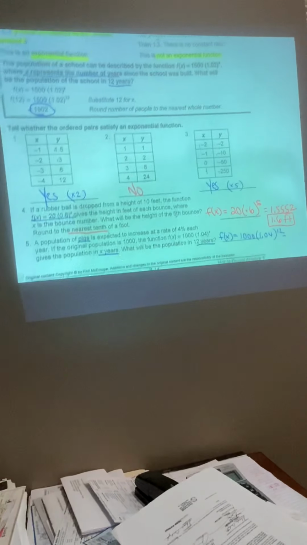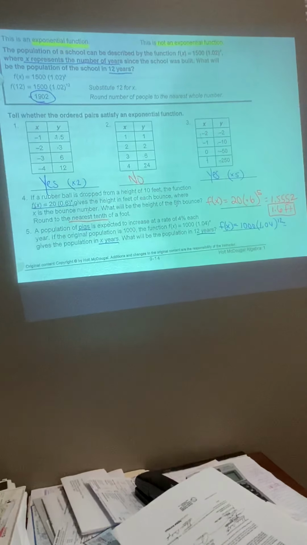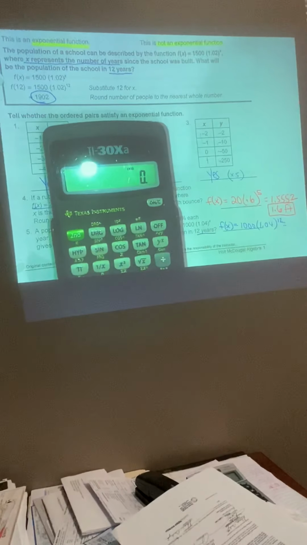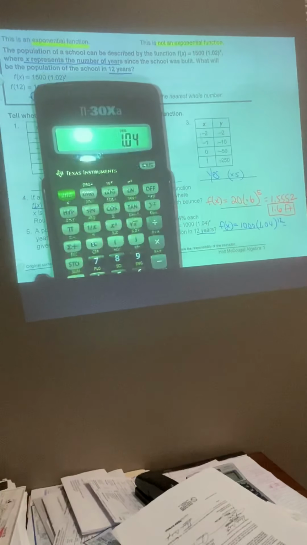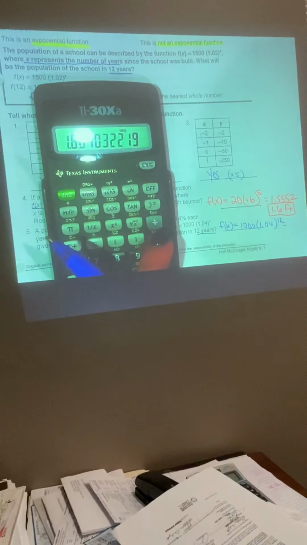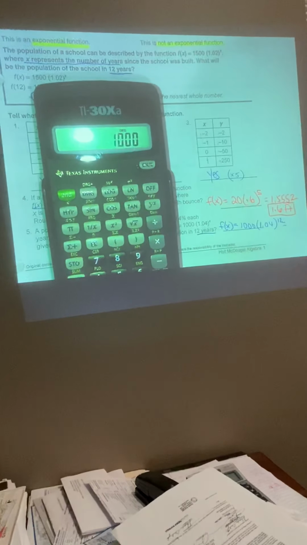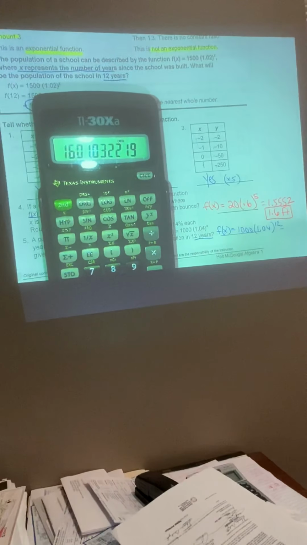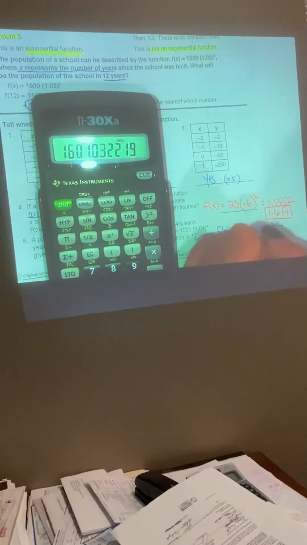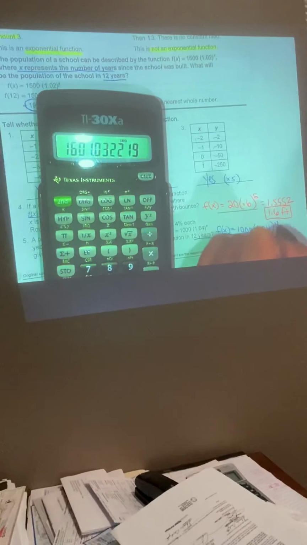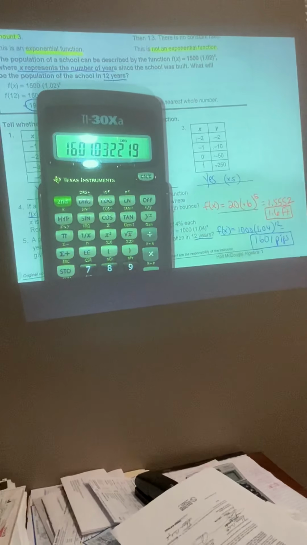So it has to be to the nearest whole number. 1.04 y to the x, 12 equals, times 1,000. Now, here's what we get: 1601.03. Well, you need the nearest whole pig. So we get 1601.